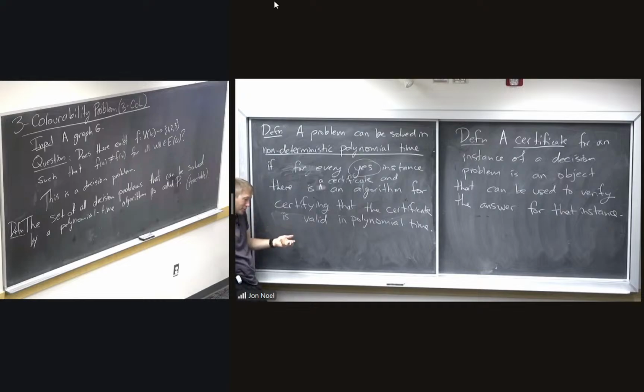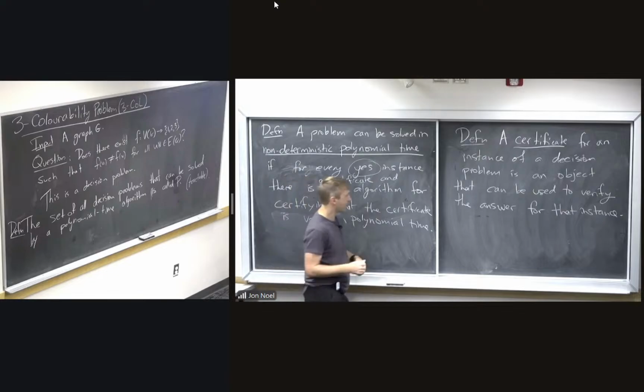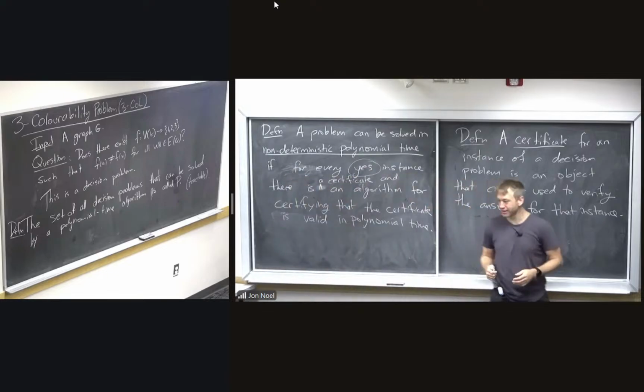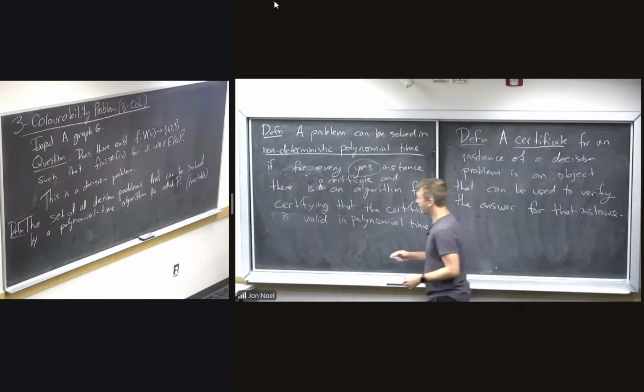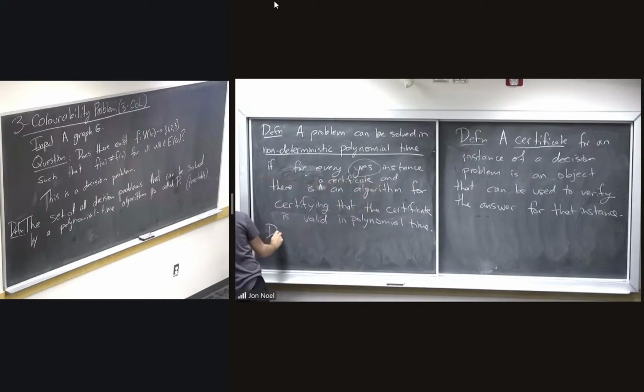Maybe there's a shorter one, but you've shown it's at most 100. So for a yes instance, you have a certificate. It says nothing about the no instances, which is a little strange, but there are reasons for this.